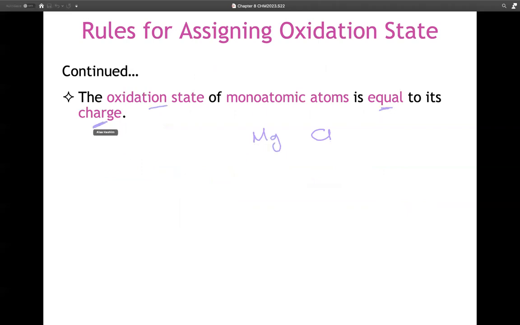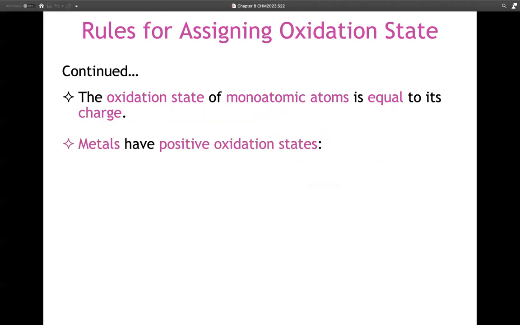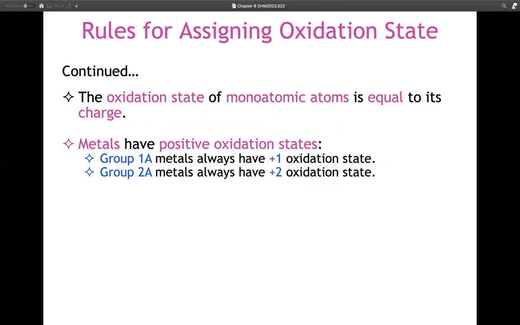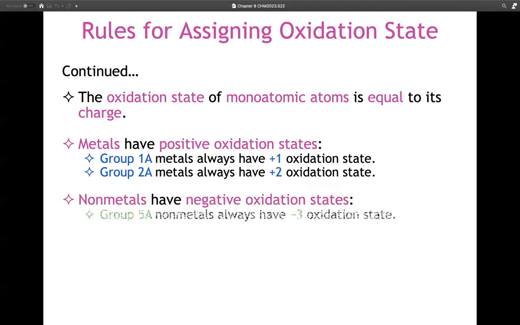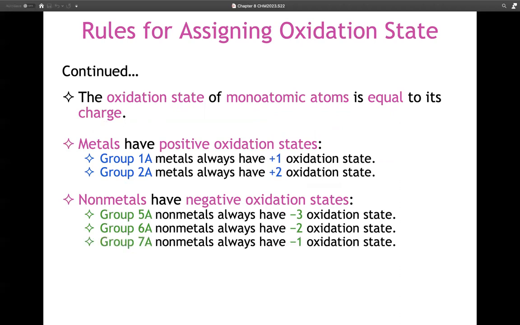Magnesium is typically in group 2A and carries a +2 charge, so it has an oxidation state of +2. Chlorine has an oxidation state of -1. Metals tend to have positive oxidation states; group 1A and 2A are +1 and +2. Non-metals tend to have negative oxidation states, similar to the fact that non-metals form anions.